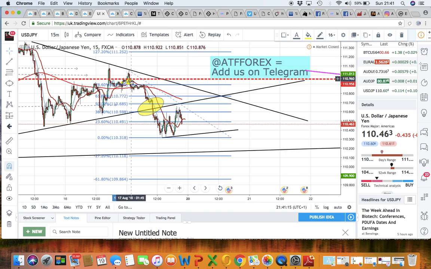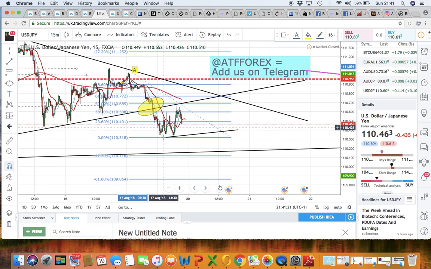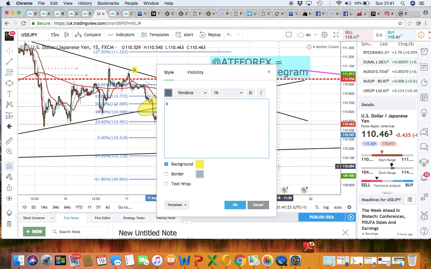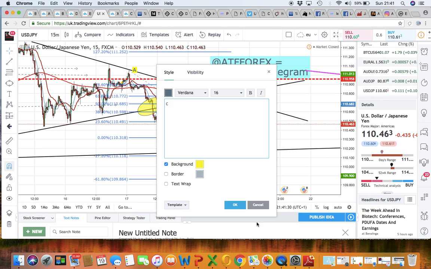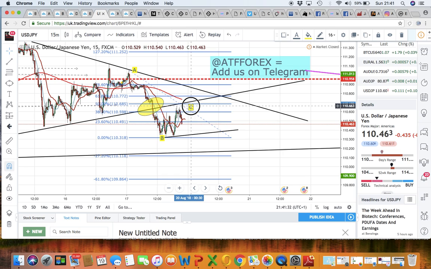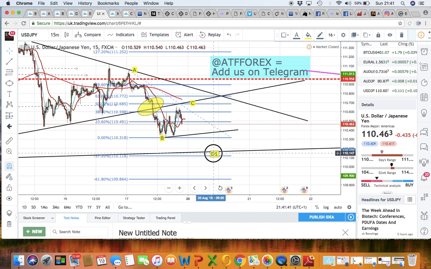So we've got our A at the high. Got our B at the low. We've got our C. And then we got our D1 target, which is pretty much sitting at that long-term trend line as well.